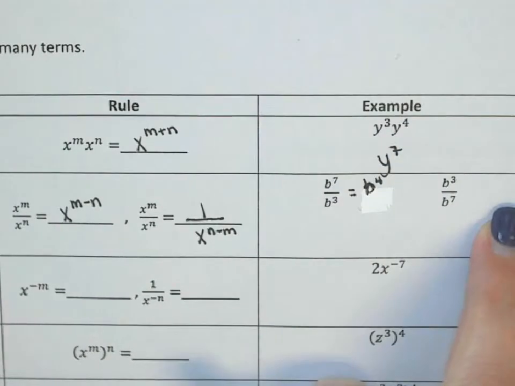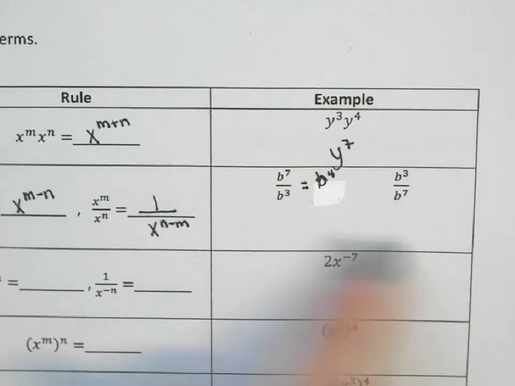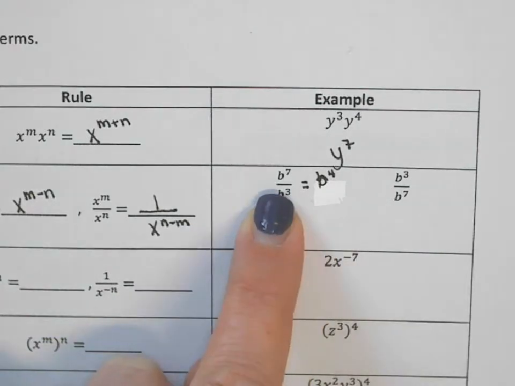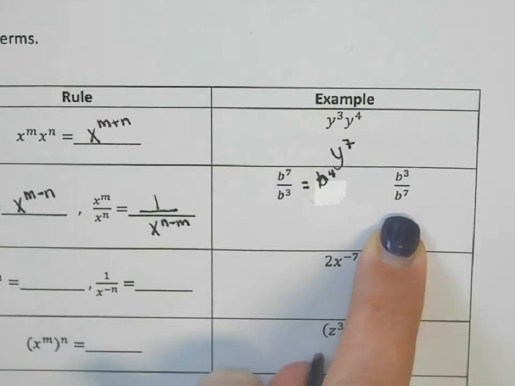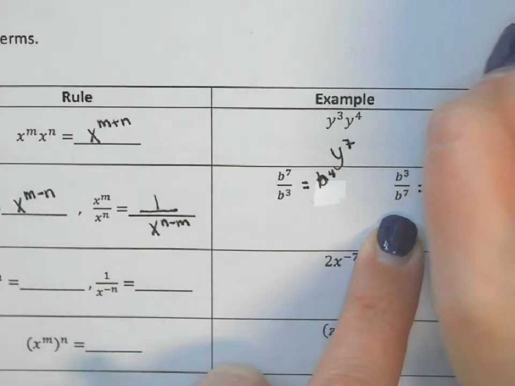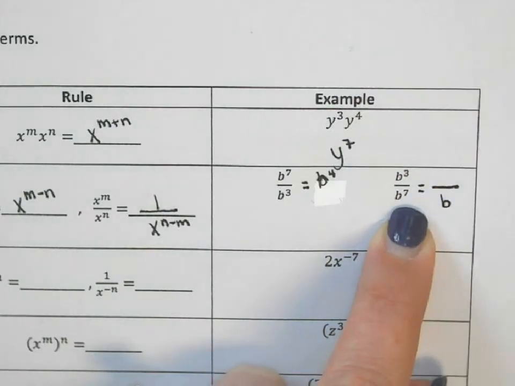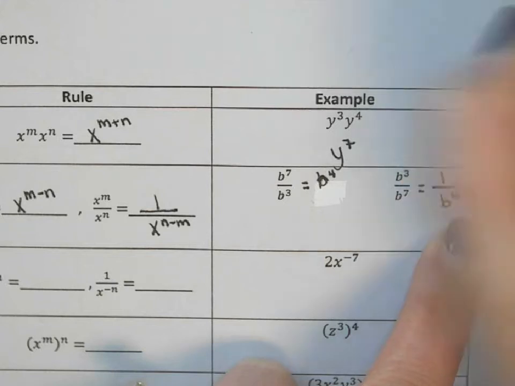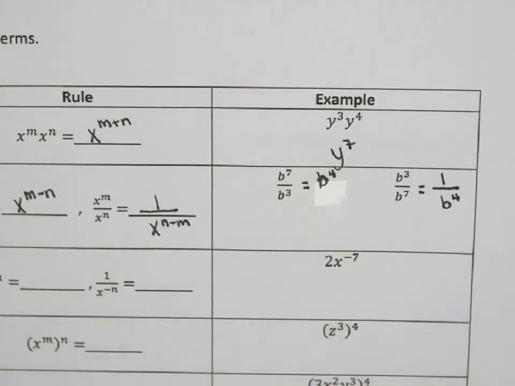Now we wanted it on top because you put it wherever there were more b's, and I'll show you again in the expanded version in a minute. But on this one, we would actually want our answer on the bottom. So we're going to put b's on the bottom. And again, the 7 would come first, 7 minus 3, which is still 4, but it would be on the bottom because more of them were on the bottom.